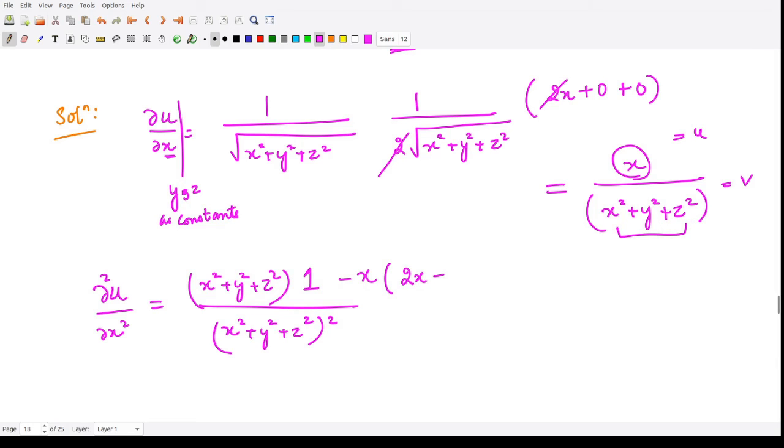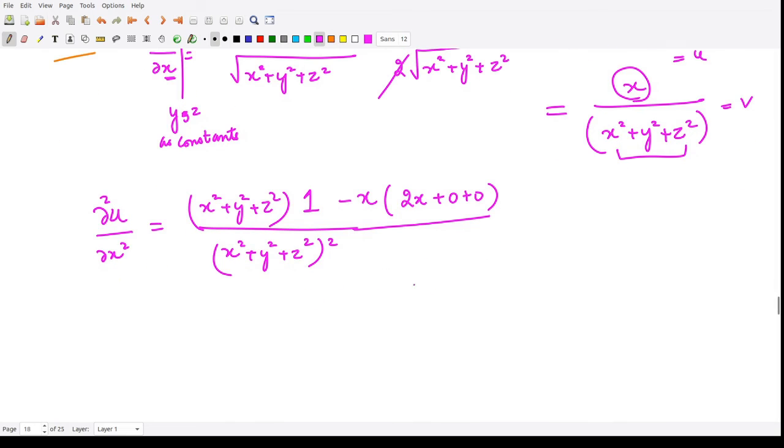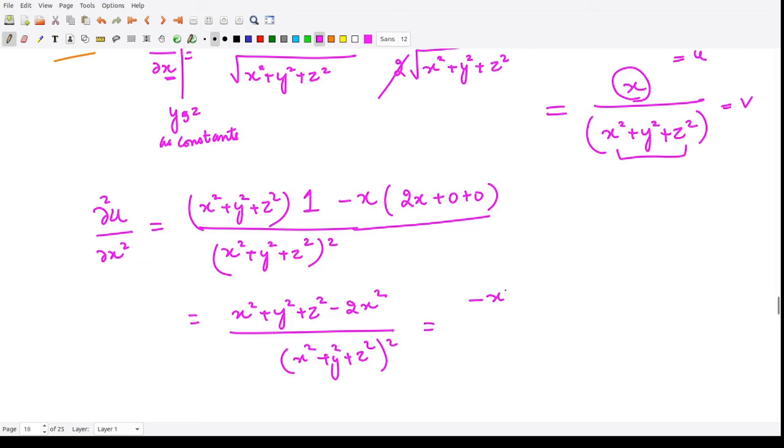So it would be 2x plus 0 plus 0. So we can simplify this. x square plus y square plus z square minus 2x square divided by x square plus y square plus z square whole square. So it would be minus x square plus y square plus z square divided by x square plus y square plus z square whole square. So this is equation number 1.